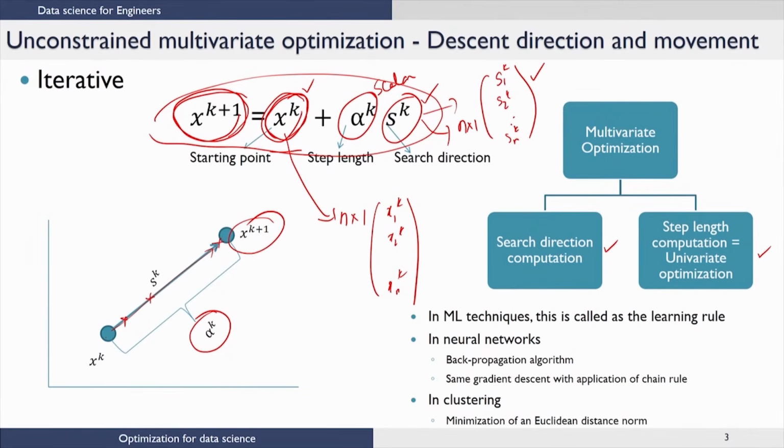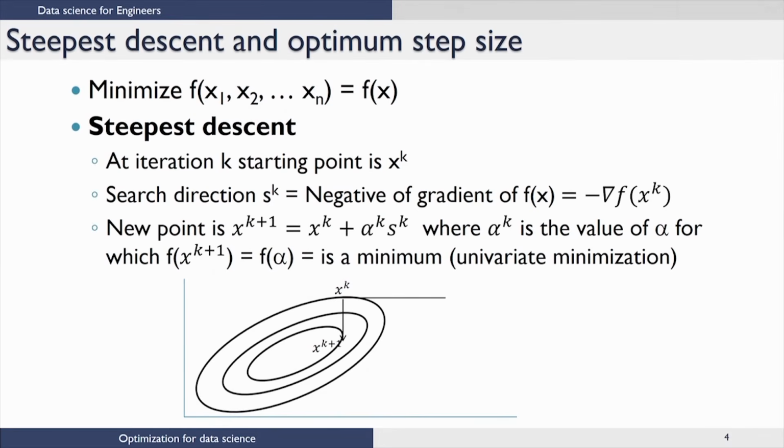However, because of the network and several layers in the network, it is basically gradient descent including an application of the chain rule, which we all know from our high school. Similarly, in clustering algorithms, you would see that clustering algorithms turn out to be minimization of a Euclidean distance norm.